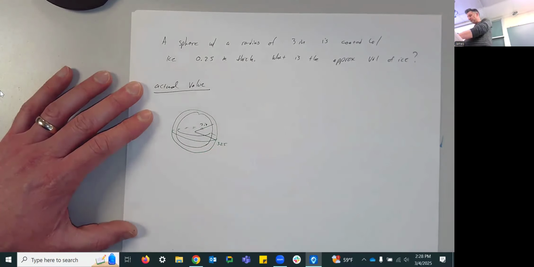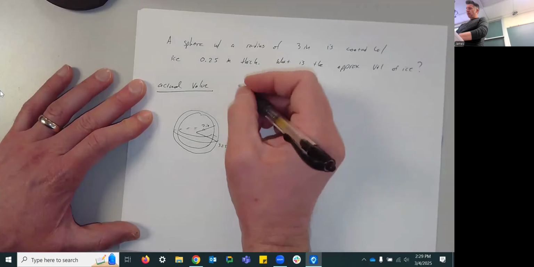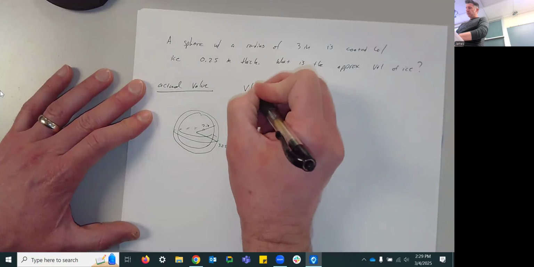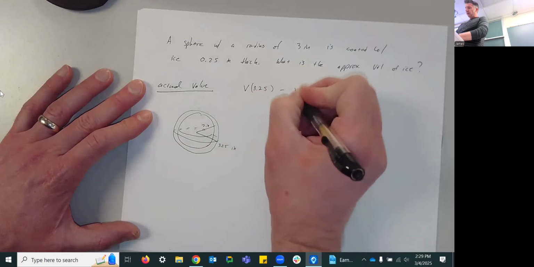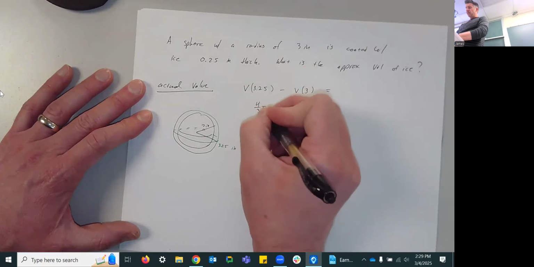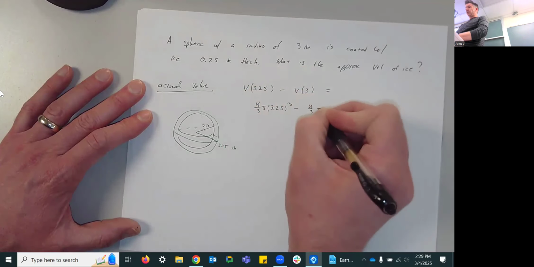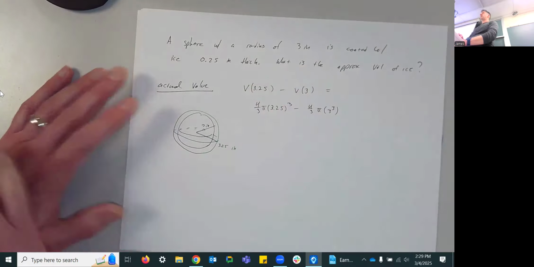The problem is that's kind of gnarly, right? The actual value would be the volume with a radius of 3.25 minus the volume with a radius of 3, which is going to be 4/3 pi times 3.25 cubed minus 4/3 pi times 3 cubed, which just kind of sucks.